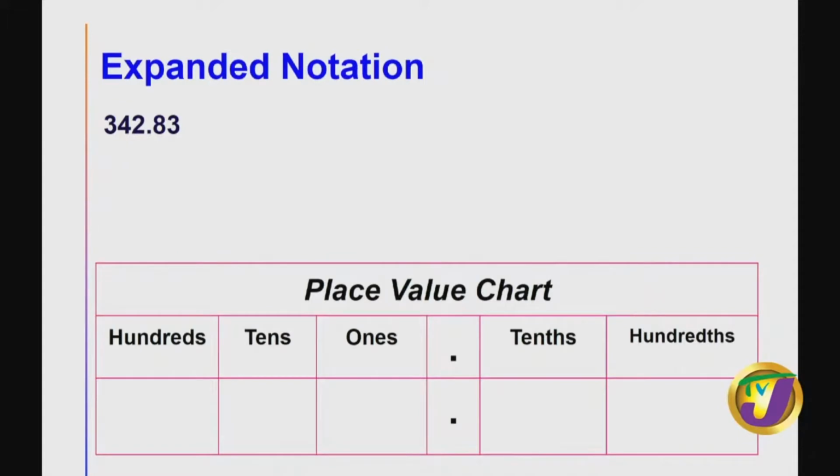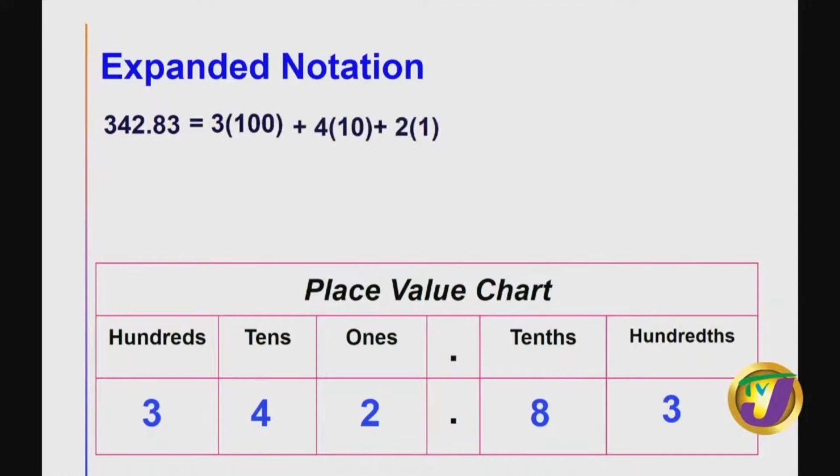So the first thing we want to do is represent our number in our place value chart, just to be sure. So we have 300s, 4 10s, 2 1s, and this time we have a decimal place. So we're moving into now our decimal place values, and we have 8 tenths and 3 hundredths. What would this look like in numerals?